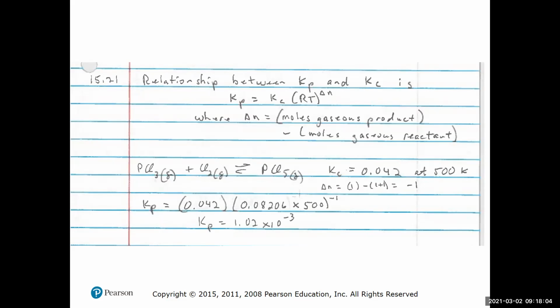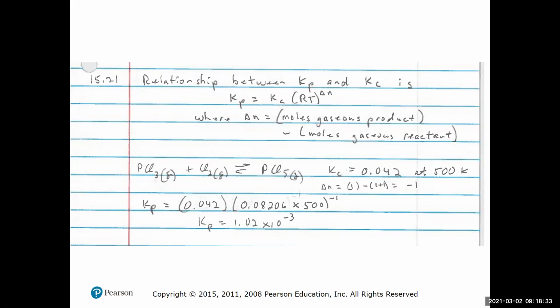So the key to doing this type of problem is remembering this relationship between K sub P and K sub C, and remembering how to calculate delta N, moles of gaseous product minus moles of gaseous reactants, getting that molar relationship of the gases from our balanced equation.